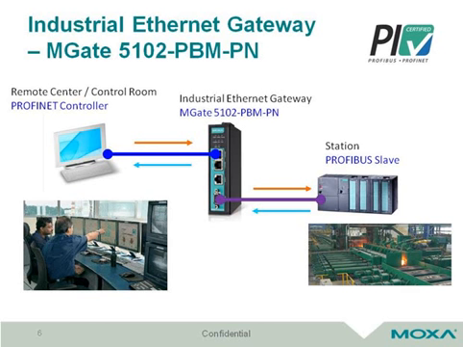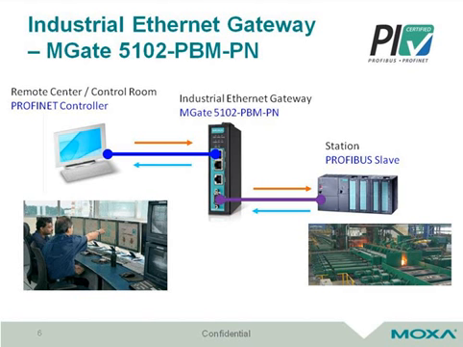We will show you MGate 5102 in this course, which is designed for a network with the PROFINET controller device at the central room and the PROFIBUS slave at the remote site. It acts as a PROFIBUS controller device where MGate 5102 reads or writes data from or to the PROFIBUS slave.